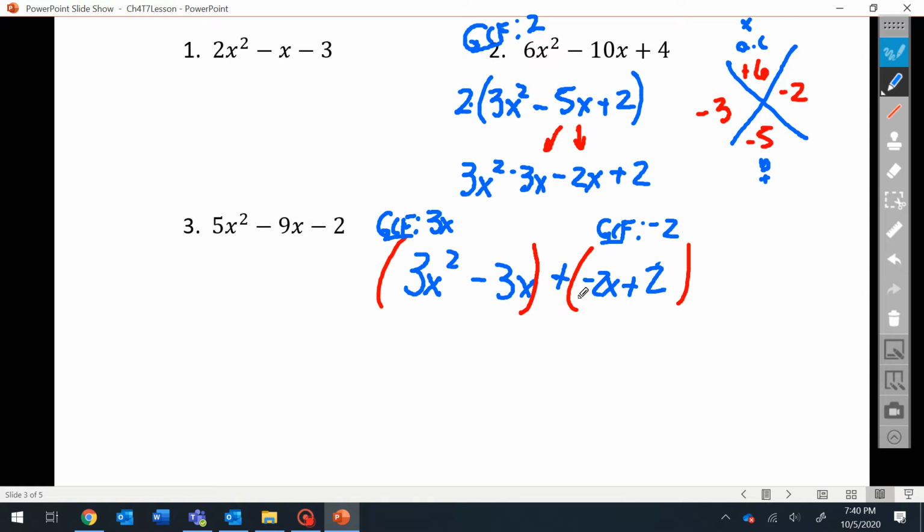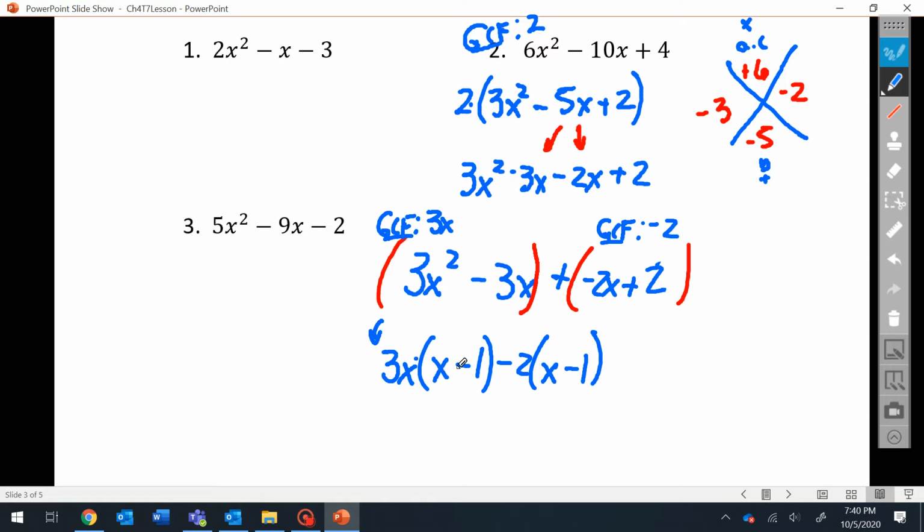That's why I needed it to be inside the group, because I need to factor that negative sign. So when I factor out the GCF of the first group, 3x, I'm left with x minus 1. And then I factor out the negative 2 in the second group, and I'm left with x minus 1.